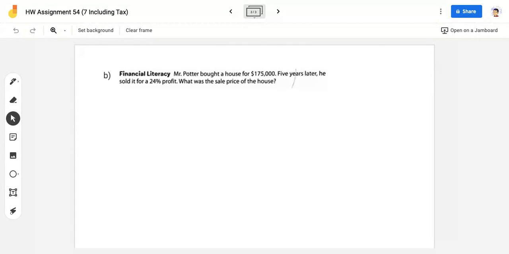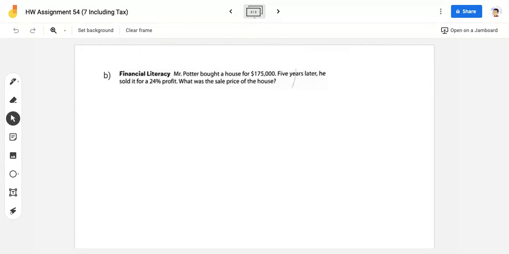Well, first thing we want to do is figure out what 24% of 175,000 is. So I'm going to use that equation again. Part is equal to percent times our whole. So we want to figure out what 24% of 175,000 is.